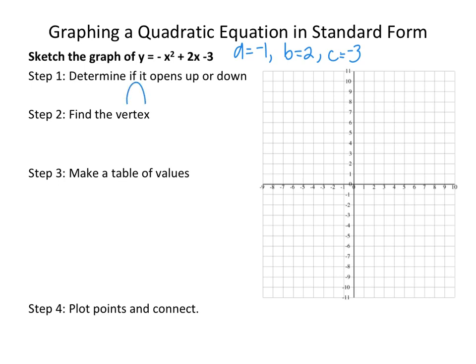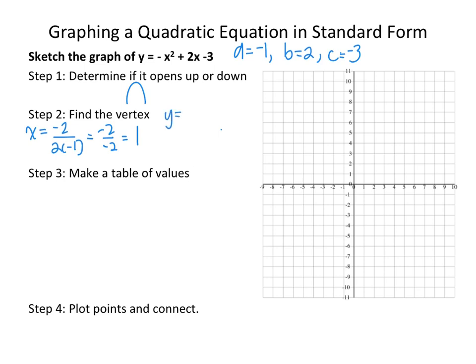Find the vertex using our x equals negative b over 2a. We can see that x is going to be equal to negative 2 over 2 times a, which is negative 1. Negative 2 over negative 2, which is positive 1. In order to find the y value, I'm going to substitute it into the original function.